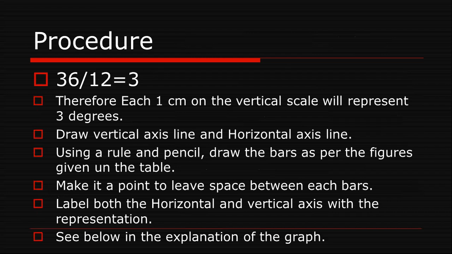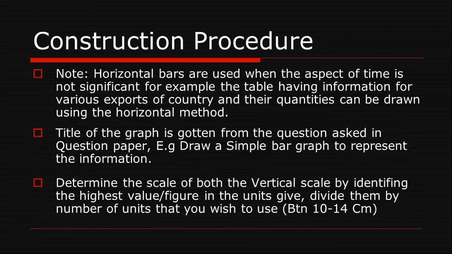Okay, the procedure is that to determine the scale of the vertical scale is by identifying the highest value or figure in the units given. What we are calling the highest value is: you look at the data that has been given to you. If the data has, let's say 500, 600, you look for the highest unit. If the highest unit is 100, it is the one you pick. Why? Because it is the highest, which will help you to be able to divide it by the units.